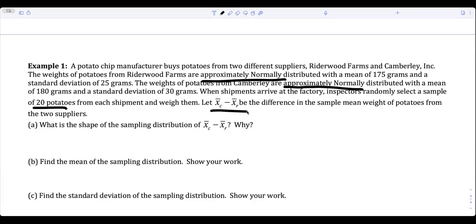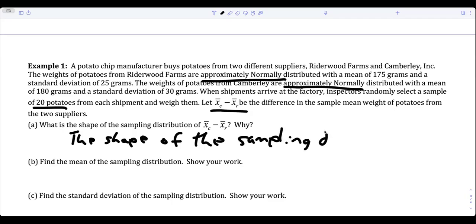So I said the shape of the sampling distribution of x bar c minus x bar r is approximately normal.